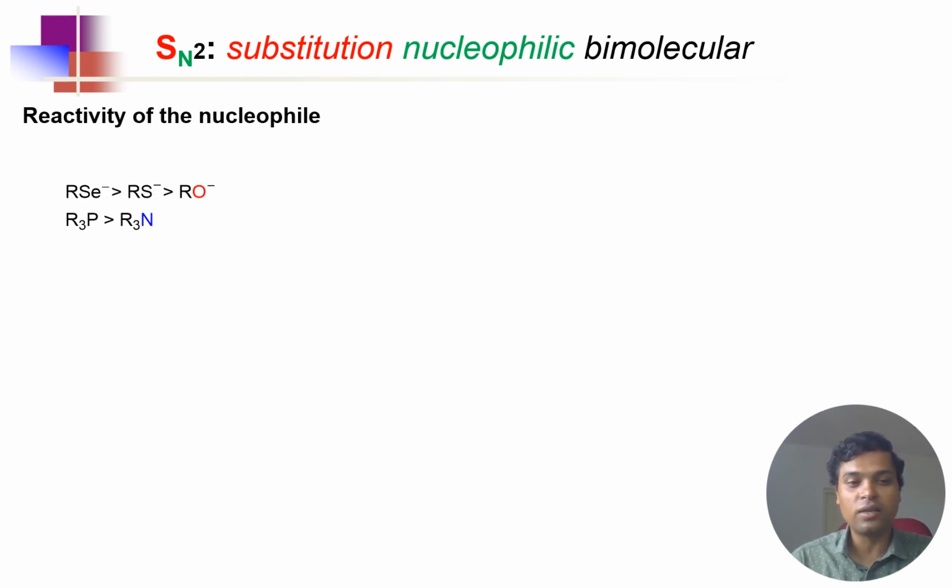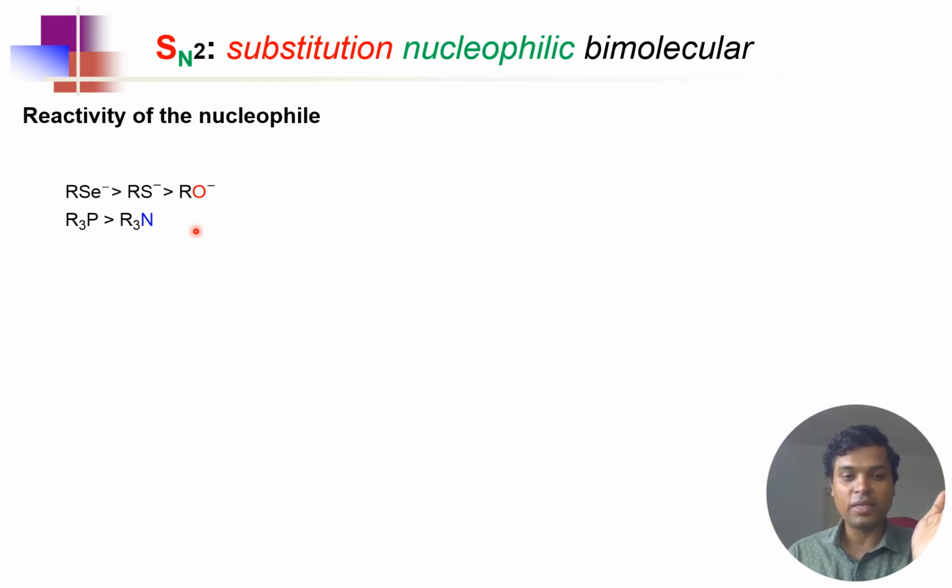Let's move to the nucleophilicity of another anion, for example selenium, sulfur and oxygen. Whatever I have discussed in the previous slide, as you go down the periodic table in a particular group, oxygen, sulfur, selenium, the nucleophilicity increases, and that is because it is getting closer to the antibonding.